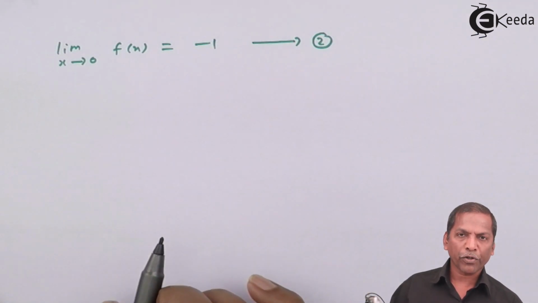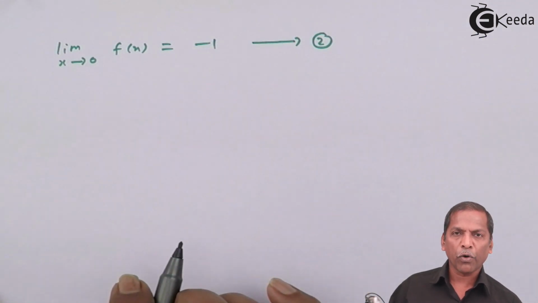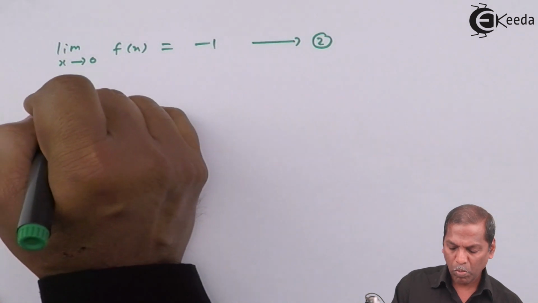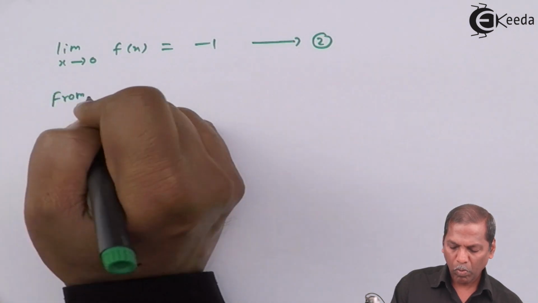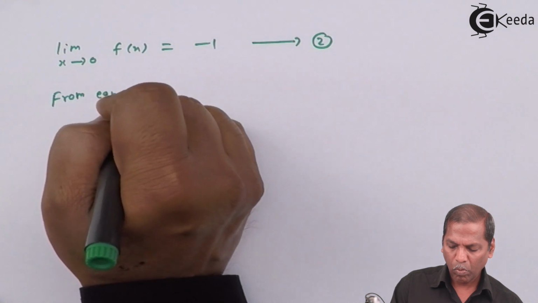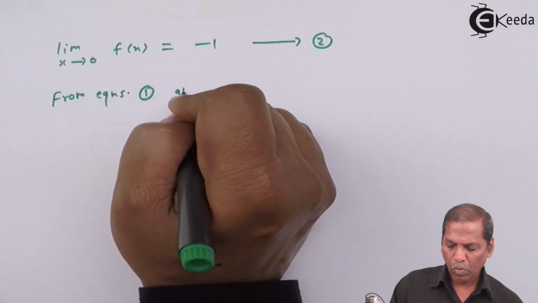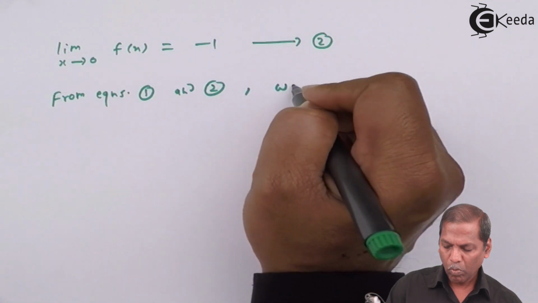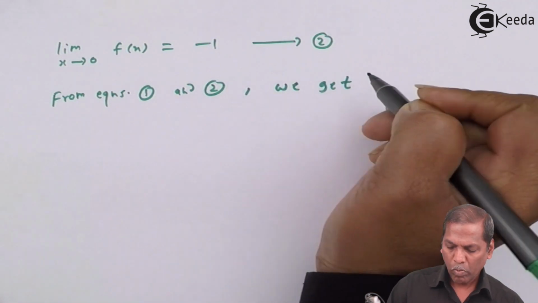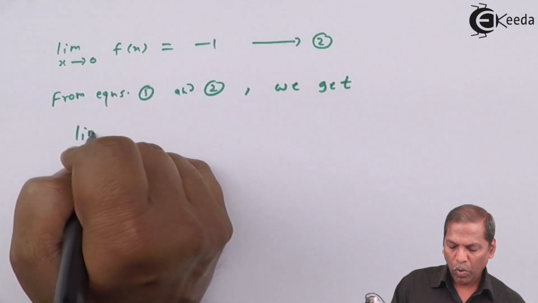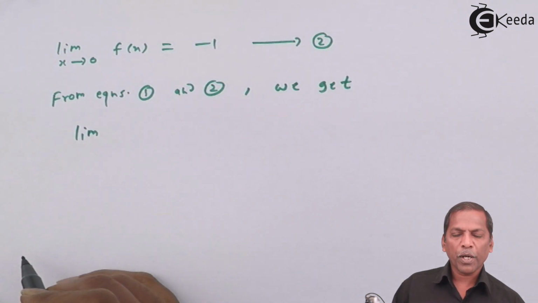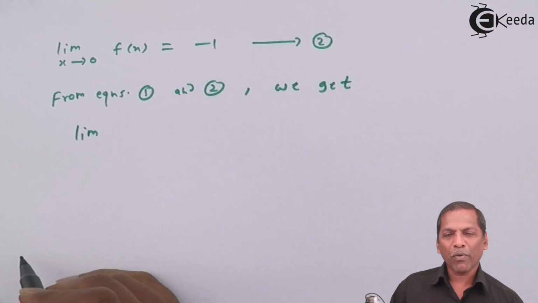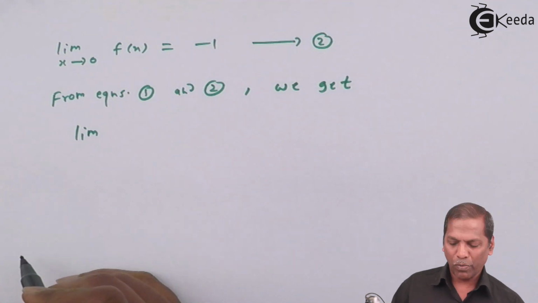Now from equations 1 and 2 we conclude that limit x tends to 0 of f of x is equal to f of 0.